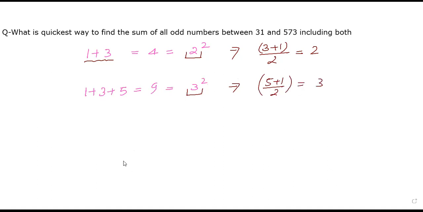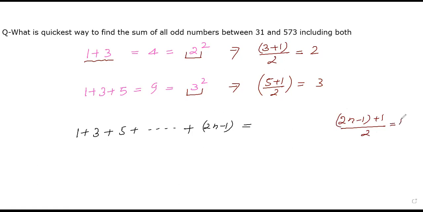Similarly, if you add the first n positive odd numbers, then what will be the total number of terms? Firstly, you have to find the total number of terms, which is (2n minus 1 plus 1) divided by 2, meaning n.